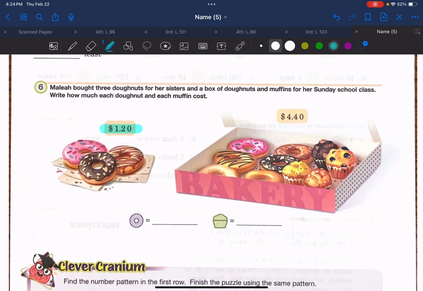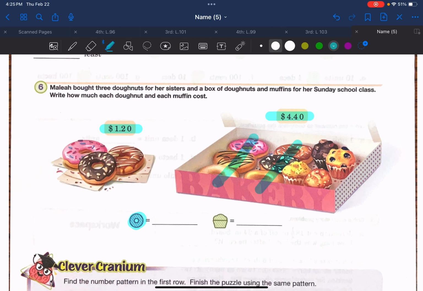So you need to figure out, if she bought 3 donuts, how much each donut is worth. And you have to figure that out before you can move on to figure out those 6. Then you use, this was her total for the box, so you can take away how much the donuts cost to figure out how much is left, and then split that among your 4 muffins.